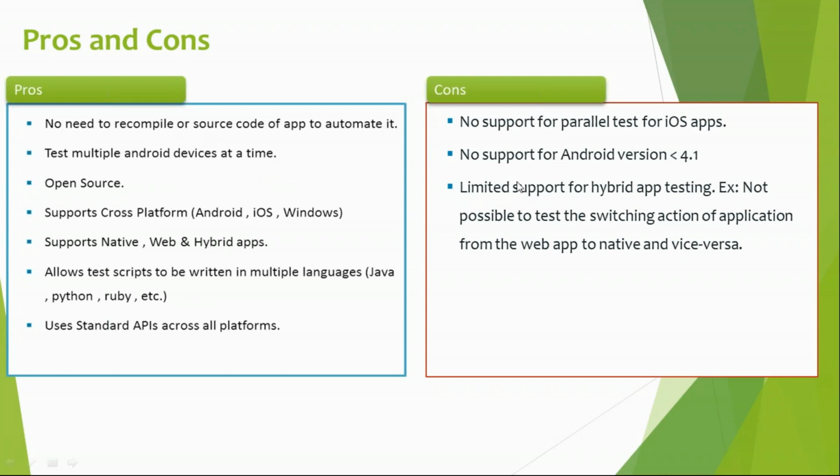These are some of the advantages. And as every open source tool comes with a limitation, it's not possible to do parallel execution with iOS devices with the APM tool, and you cannot test applications on Android versions below 4.1.